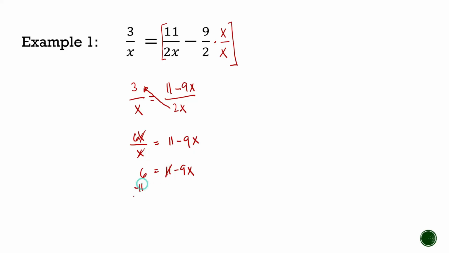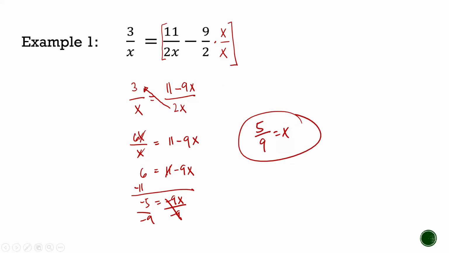So minus 11 here because that's positive. 6 minus 11 is negative 5 equals negative 9x. And obviously the last step here is divide by negative 9 on both sides. So the answer is 5 over 9 equals x. Okay, so negative divided by negative is equal to positive.